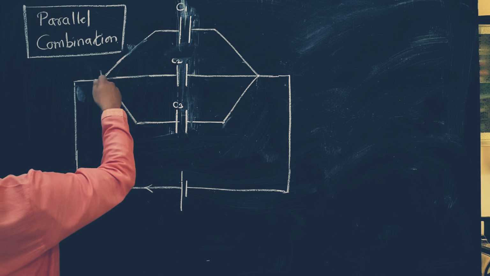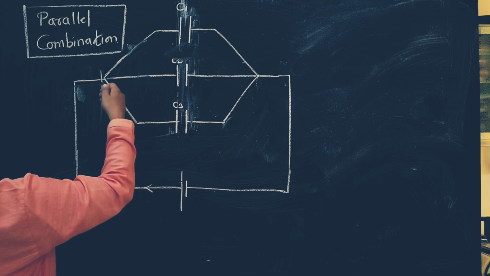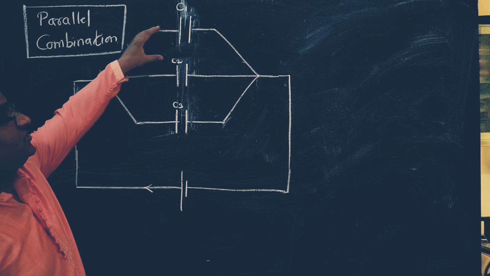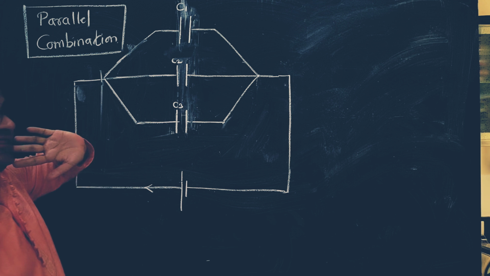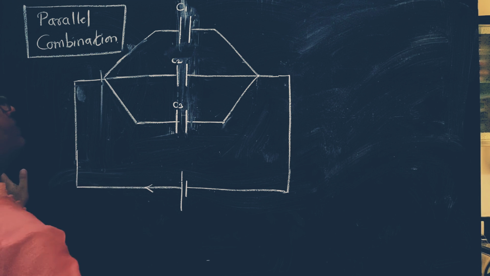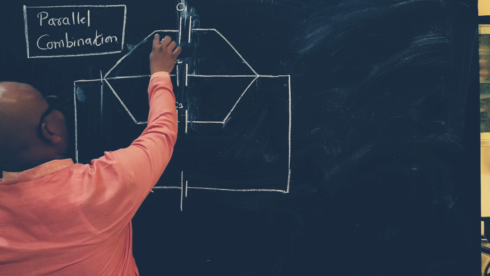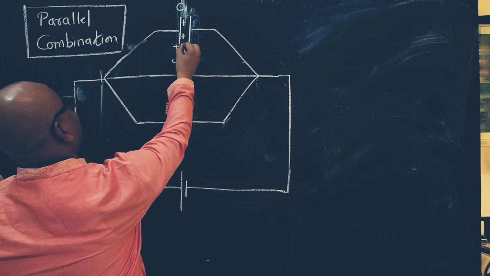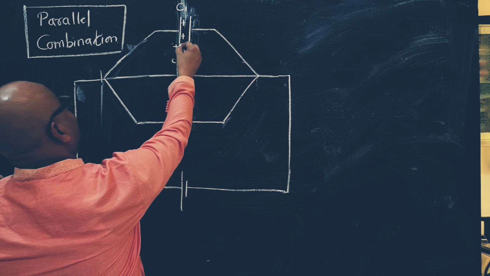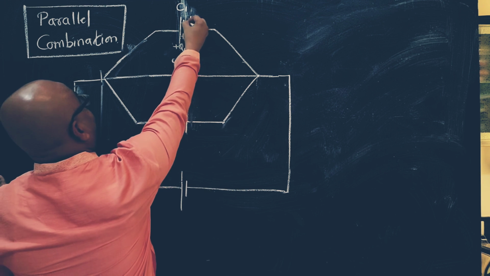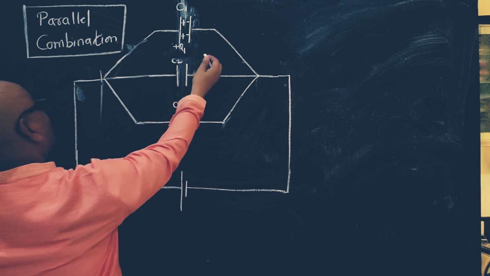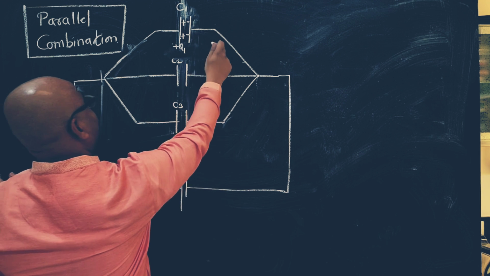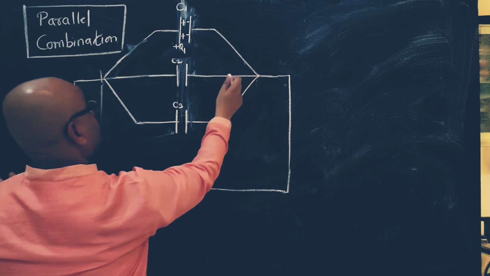Now how much charge goes through which branch depends upon the capacitance of the capacitors in their respective branches. The charge that came here will be deposited over here. Say let it be Q1, and that induces a negative charge on the near side and positive charge on the far side that comes over here.